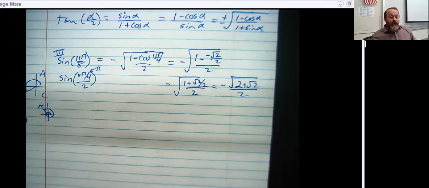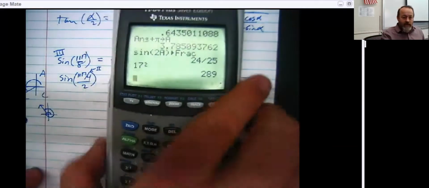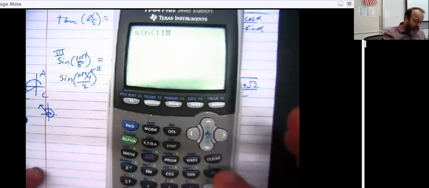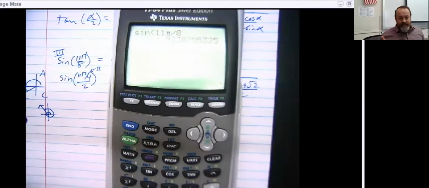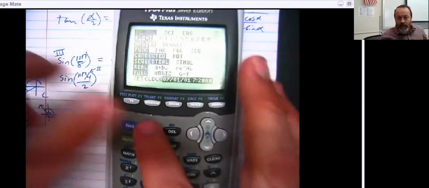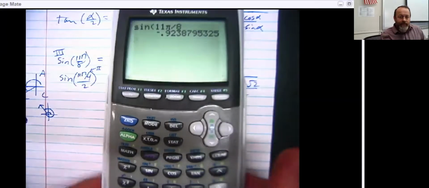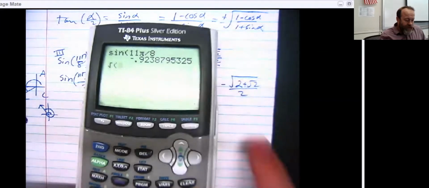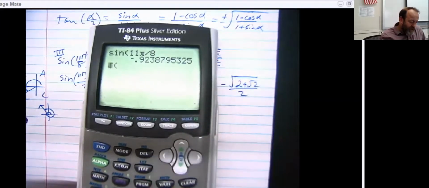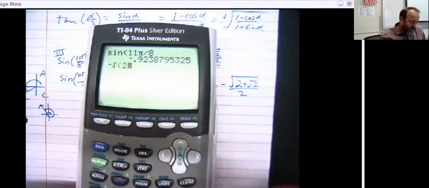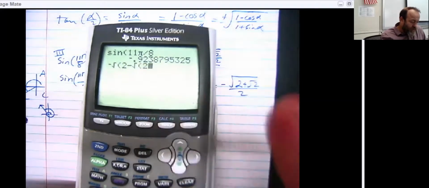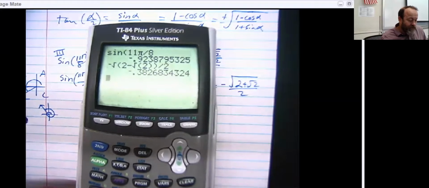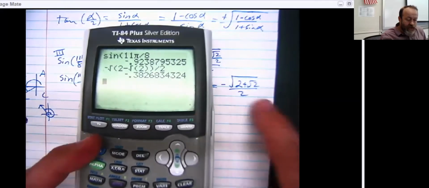Now, keep in mind, it's always nice to double check our answers and make sure we haven't done anything silly. So the sine of 11 pi over 8 is some terrible looking decimal. I'm going to double check that I'm in radians, and I am. So that looks pretty good. Now, when I did this work before, I got that my answer was negative the square root of 2 minus root 2 all over 2, and hopefully I got the same answer, which it doesn't look like I did because I typed it in wrong.